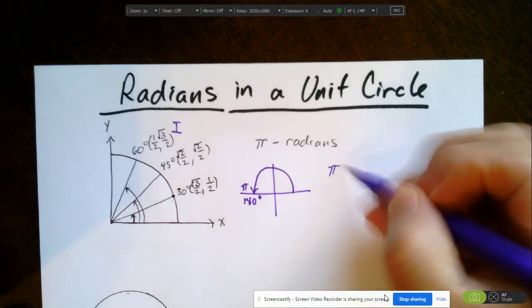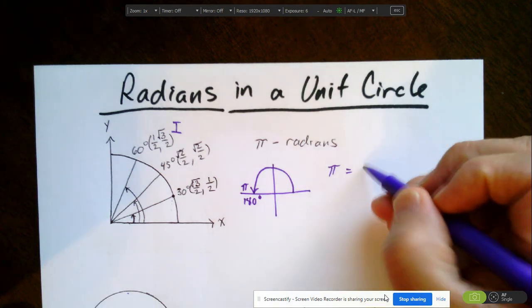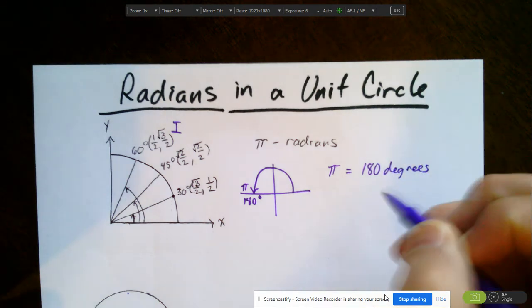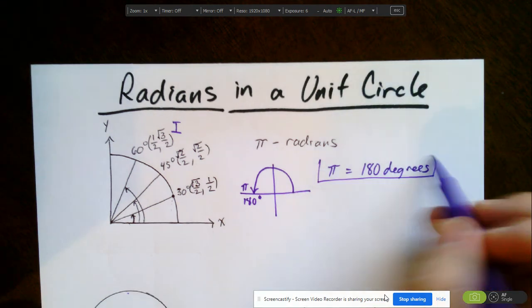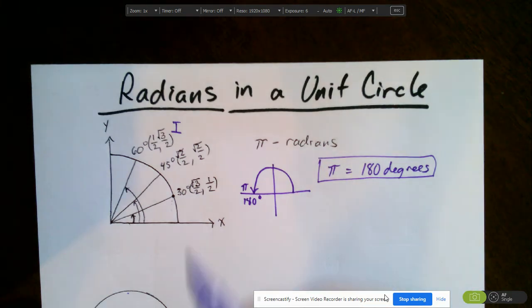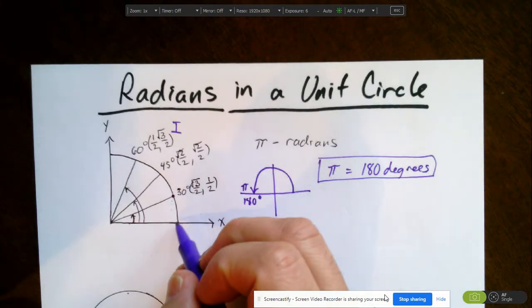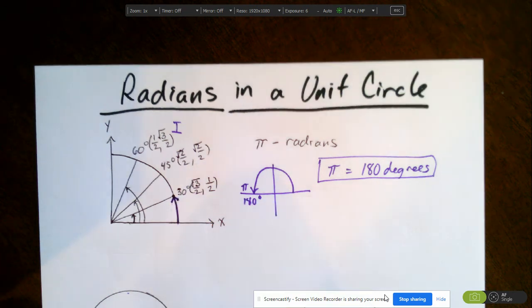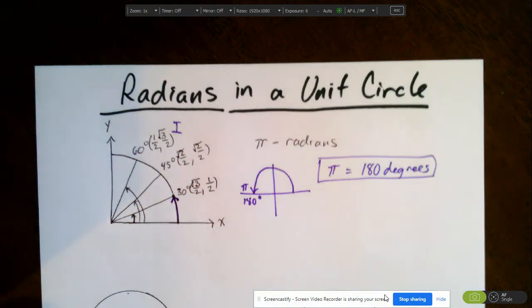So pi is equal to 180 in degrees. So that's going to help us later on in this video. So to begin with, we want to find first the radians distance around the circle at 30 degrees. So we're going to go here now.